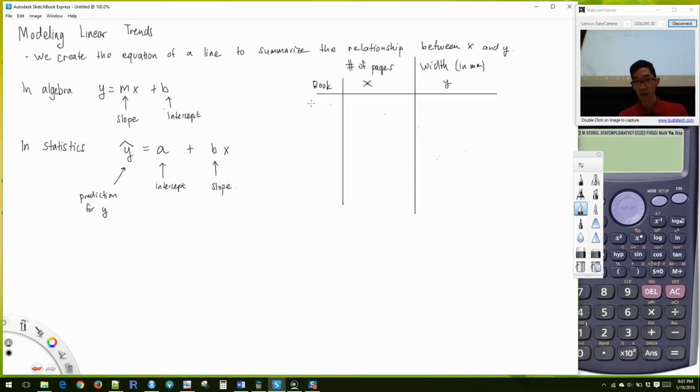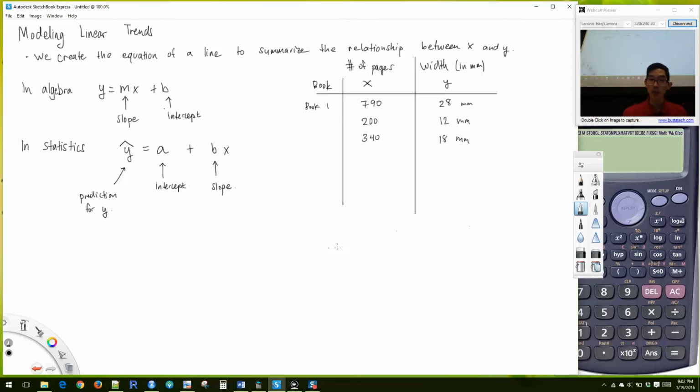Book 1, I'm just going to make up a number, 790 pages, and it's 28 millimeters thick. Maybe another book has 200 pages and is 12 millimeters thick. Maybe we have a book that is 340 pages and 18 millimeters thick.